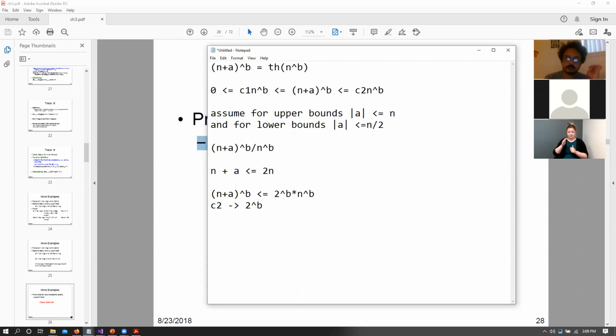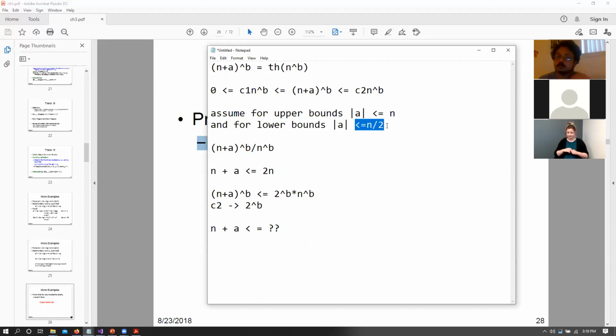Right? Now, this basically defines the upper bound of your equation. The lower bound can be done by that other assumption, that the mod of A is less than or equal to n by 2.